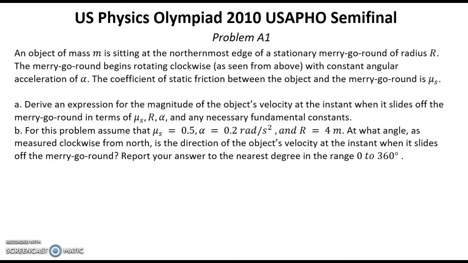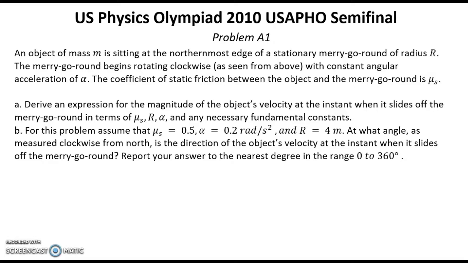So now problem A1. An object of mass m is sitting at the northmost edge of a stationary merry-go-round of radius r. The merry-go-round begins rotating clockwise with a constant angular acceleration alpha.